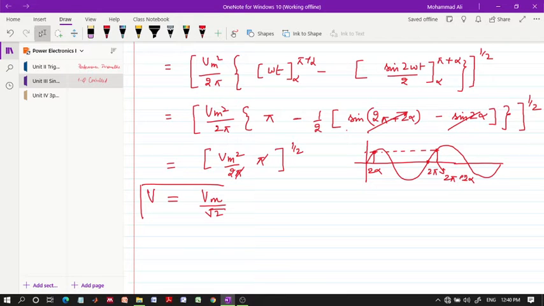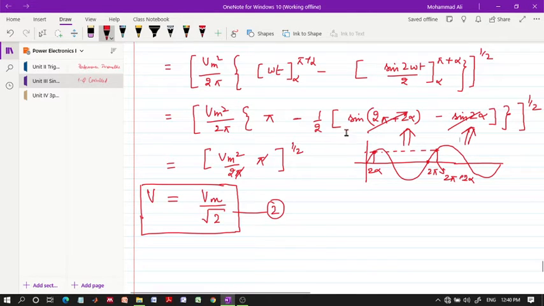So the RMS value of this waveform will be Vm by root 2. Now don't confuse this waveform with the output waveform. This is to explain this portion only, these angles, how we are evaluating this function basically.